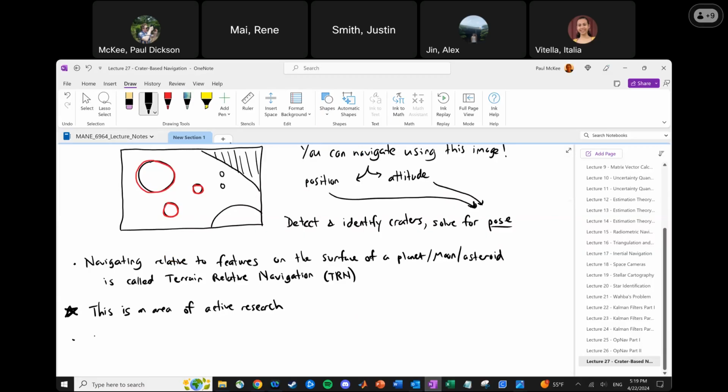So one idea is terrain features can be identified, and that allows us to get what's called a global pose.